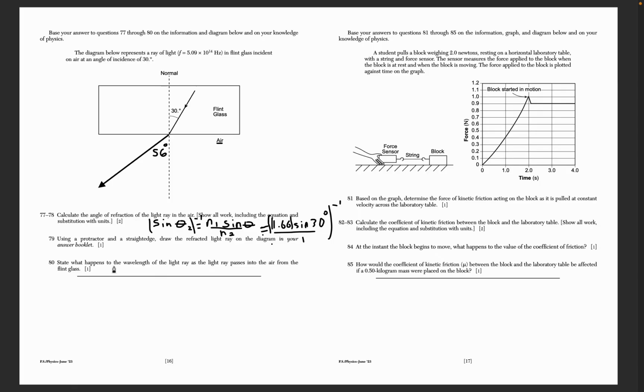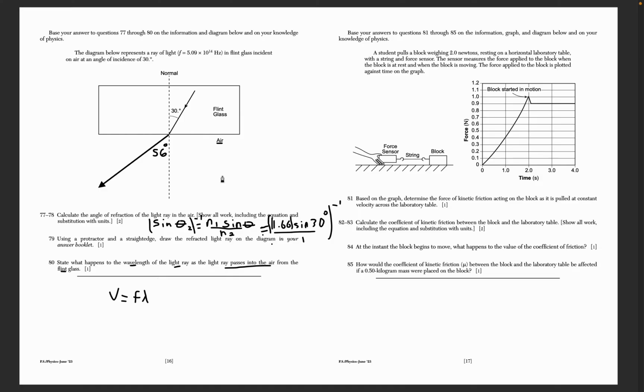Okay, say what happens to the wavelength of the light ray as the light ray passes into the air from the flint glass. In any instance of refraction, we have this formula: velocity equals frequency times the wavelength.